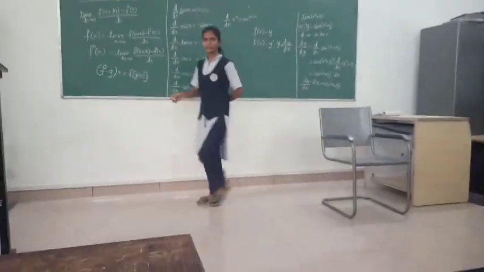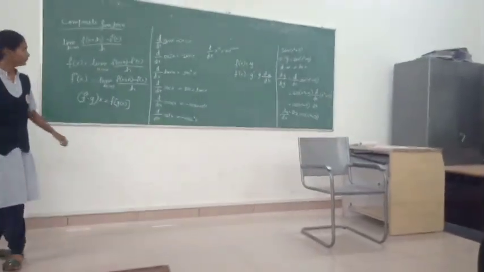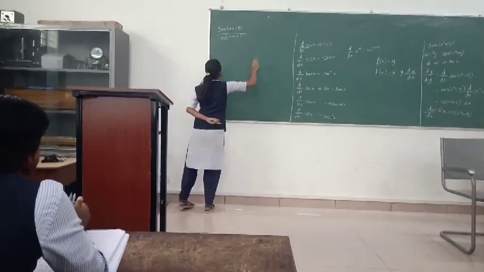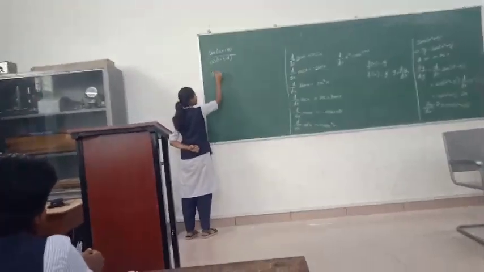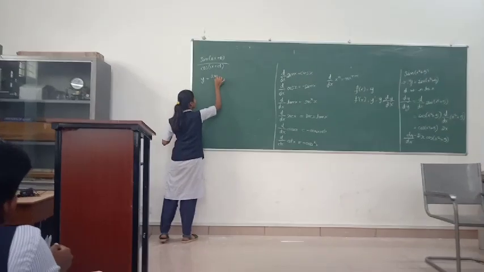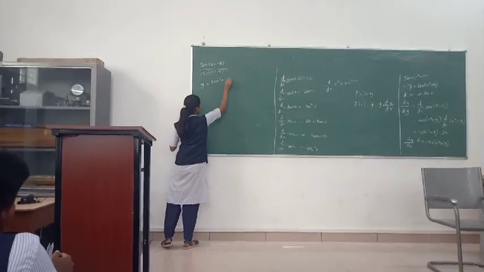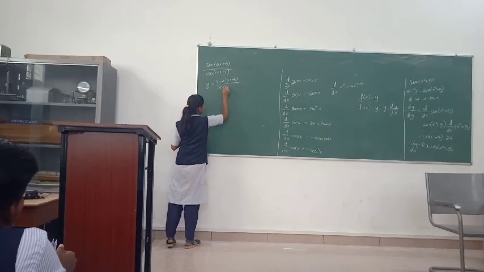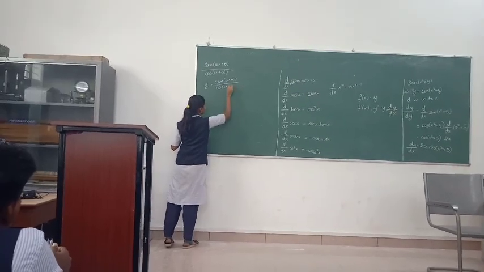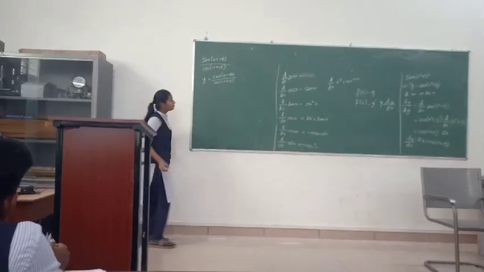Let us take another example. First we should consider it as y equal to sin of ax plus b by cos of cx plus b. It is in the form of u by v.